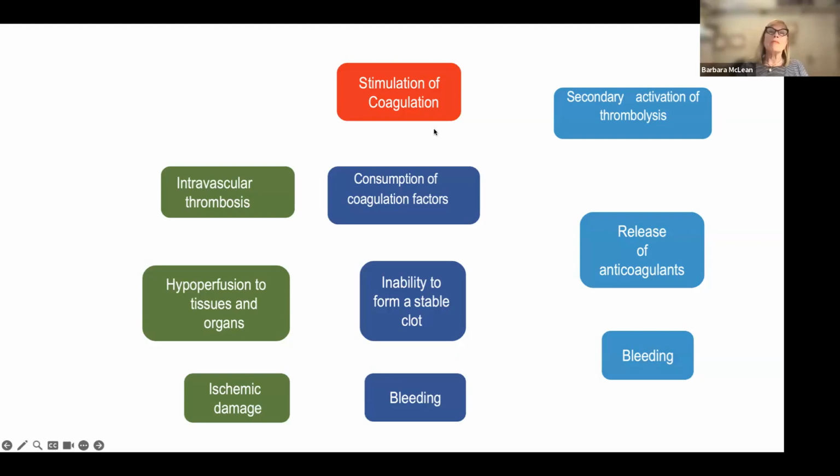Now, remember, whenever coagulation has been stimulated, the second thing that's going to happen is a stimulation of fibrinolysis or thrombolysis. So now my patient is going to release anticoagulants, and of course that's going to make them bleed again. So bleed, bleed, clot. Bleed, bleed, clot. And that clot limits your perfusion, promoting infarction of all of your organs.